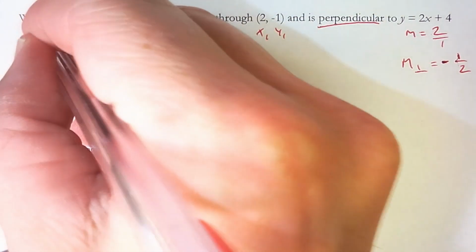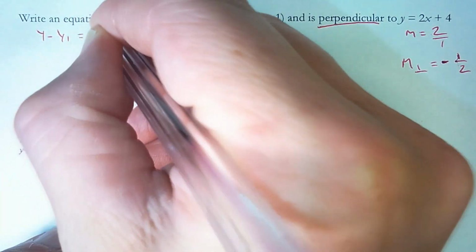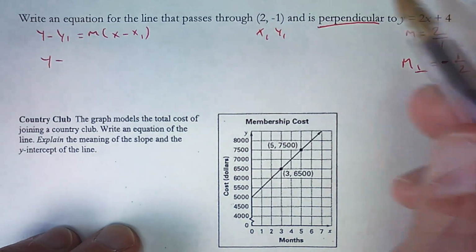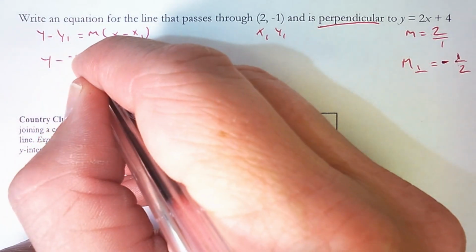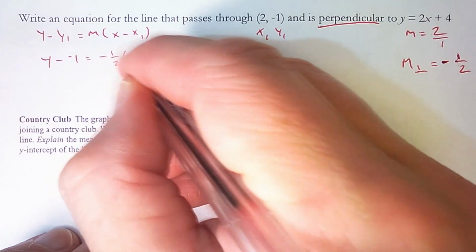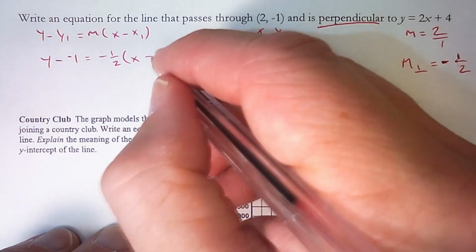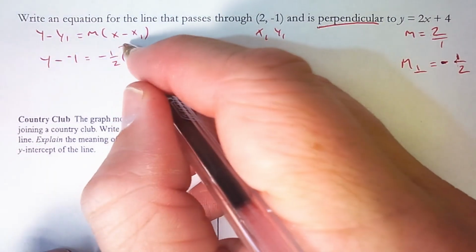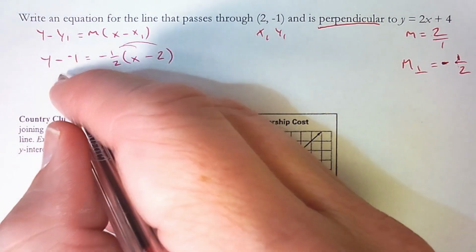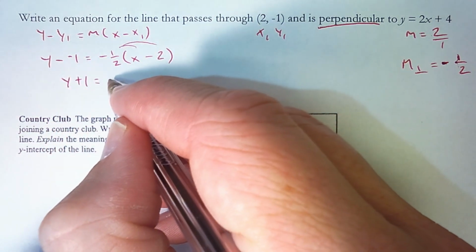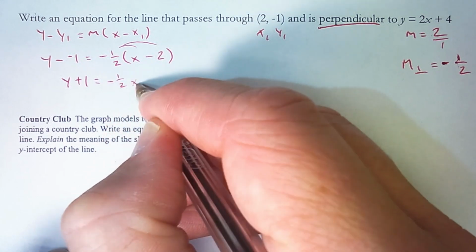Okay, so we're using y minus y1 equals m times x minus x1 again. So we have y minus, and y1 is -1, equals m, which is -1/2, x minus x1, which is 2. Now I can distribute this. Minus negative is positive, so this is the same as y plus 1, equals -1/2 x.